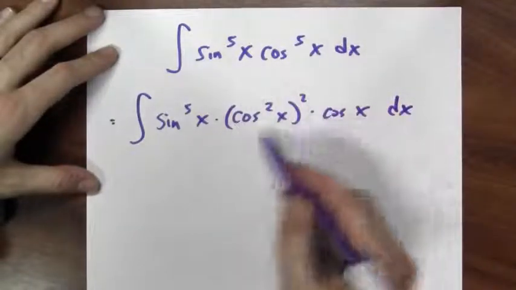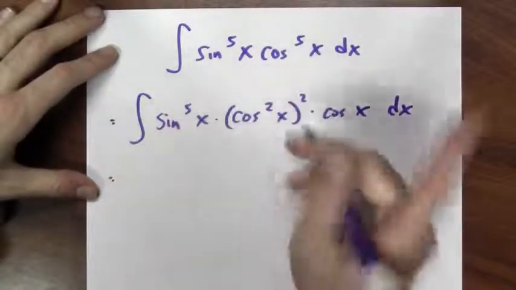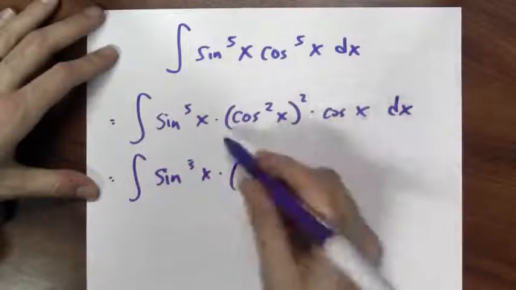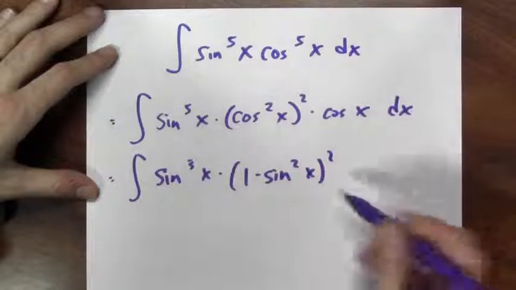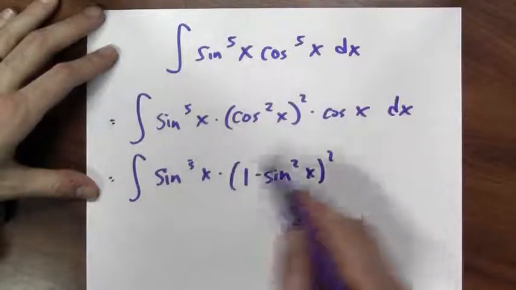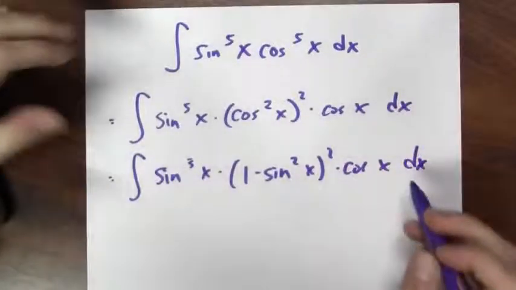Right? Four cosines times another cosine gives me cosine to the 5th. But now I can use the fact that cosine squared is 1 minus sine squared. So I can rewrite cosine squared squared as 1 minus sine squared, squared, and then times cosine dx.